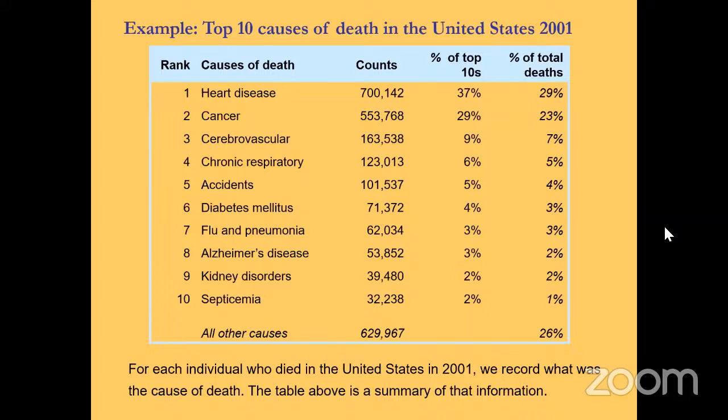Yeah, we have seen these examples: the causes of death and the counts, the percentage of the top ten, and then percent of total deaths, right? So you can see here the counts, and the percentage of total deaths would be 26%. For each individual who died in the United States in 2001, we recorded the cause of death, and the table above gives summary information about that, right?